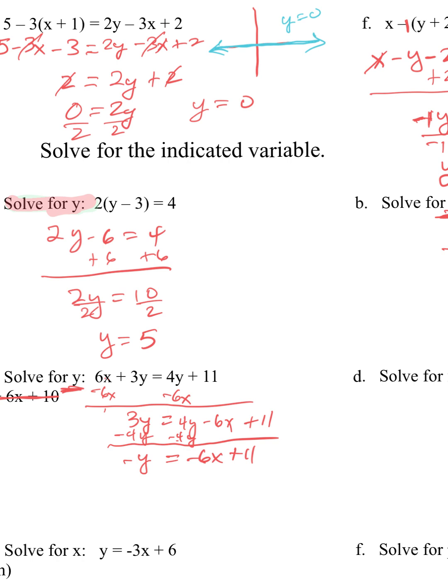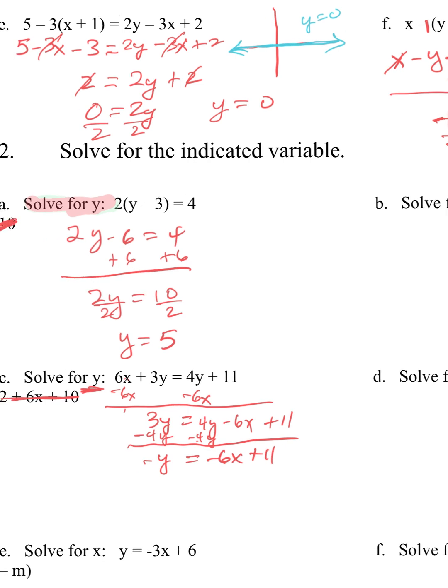And so when we do that, divide by negative 1, we're going to get negative 1, negative 1, negative 1. We're going to get y is equal to 6x minus 11, okay?